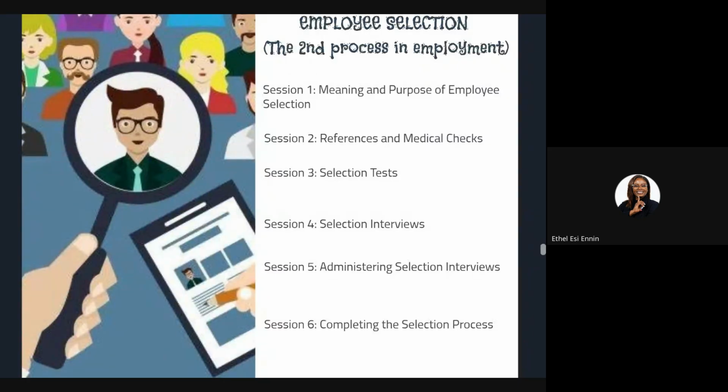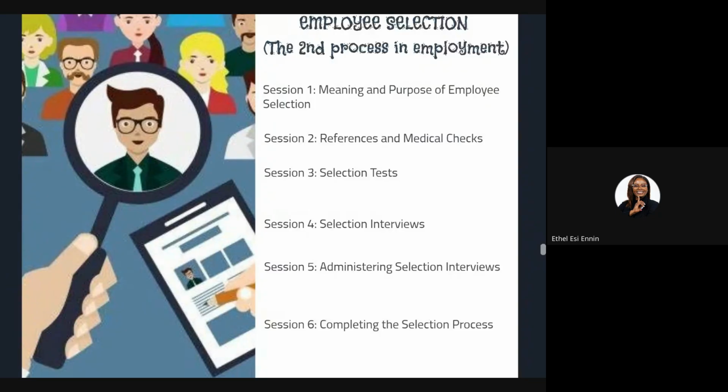Before we say that you have been employed, it needs to go through three processes. The first is recruitment, which we looked at last week, and this week we are looking at selection.